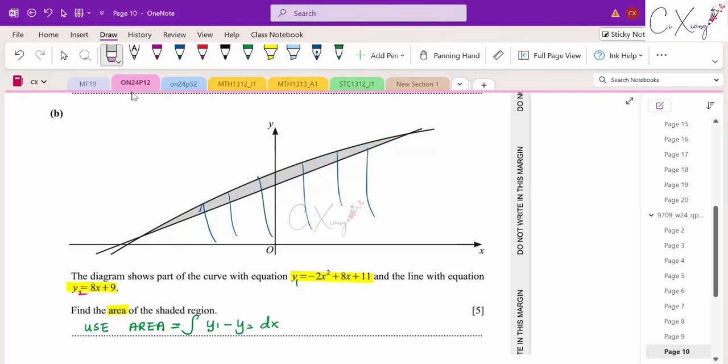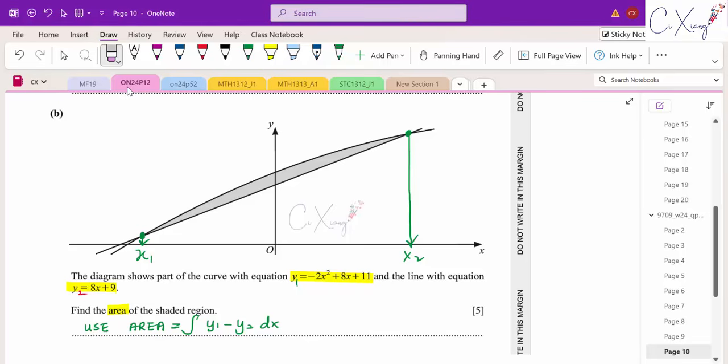But the problem is I need to know the starting limit. Where are the limits of my integration? You can see from the diagram that the area starts at this point and ends at this particular point. So I need to know the values for x1 and x2. Observing from the diagram, you know that they are actually the intersection points of the curve and the line.